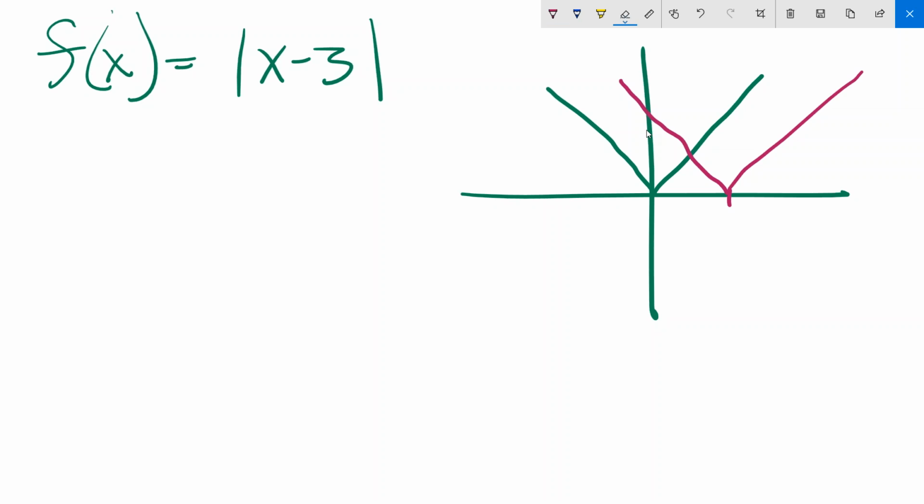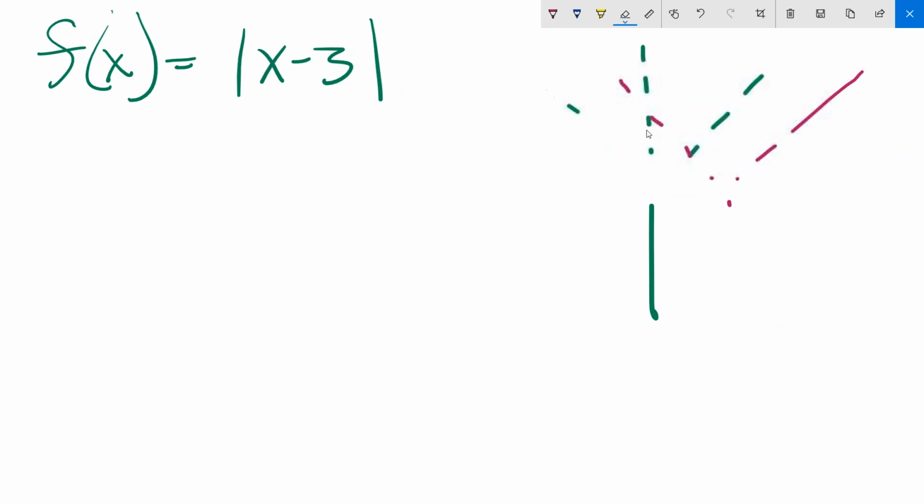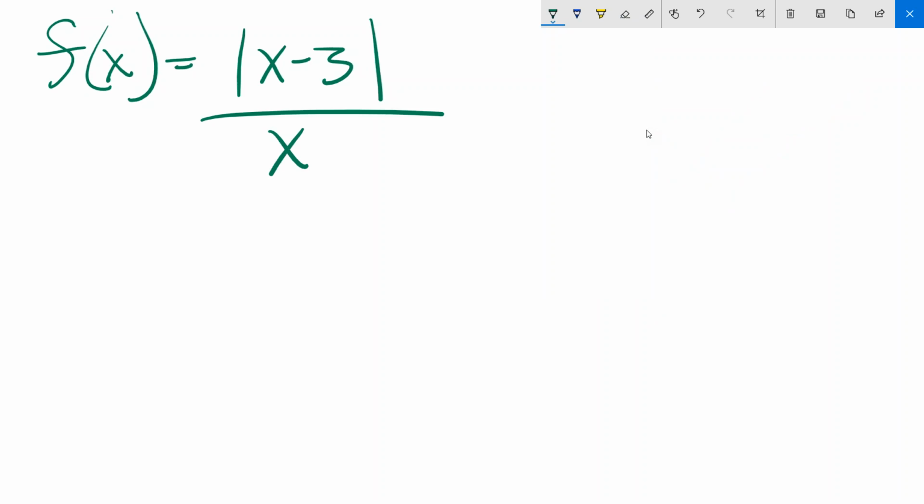Now, let's go back and look at the whole problem with the x minus 3 in the denominator. Well, when you have an absolute value like this, the answer is going to be either 1 or minus 1. Can you see why?